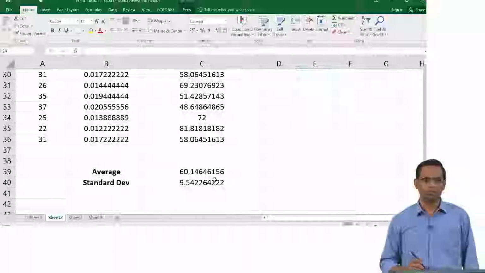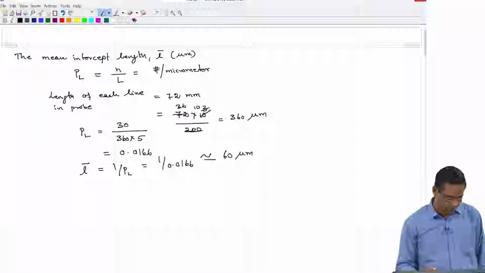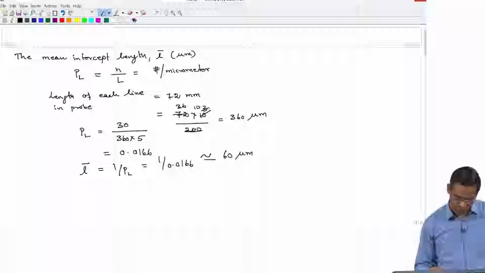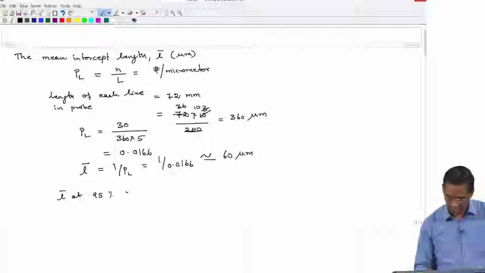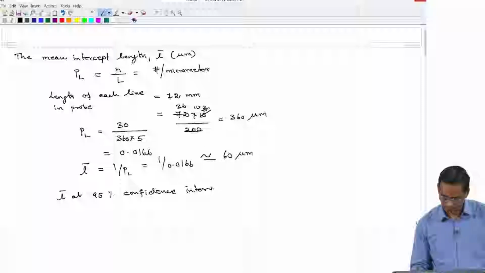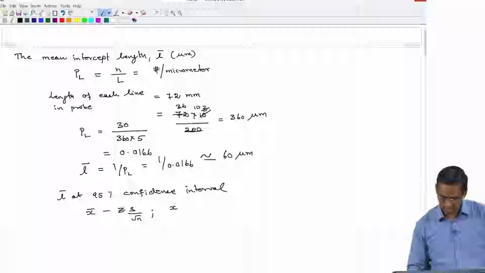Similar to our reporting format, we will use normal distribution, and then we will report L bar at 95% confidence interval, like we did yesterday. So, we substitute this formula. This is for the lower limit and this is for the higher limit.